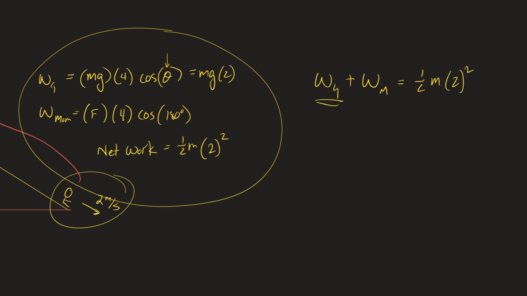And the work done by gravity, we just said, is m times 10 times 2, plus the work done by mom equals 2m. The m does not cancel out here. Fine? Is that what you said? Yes, yeah. Okay, fine.